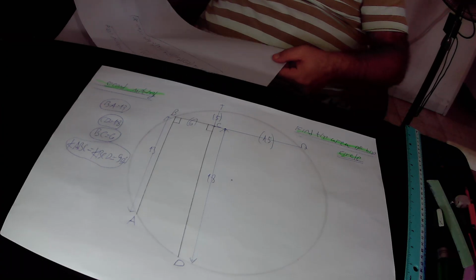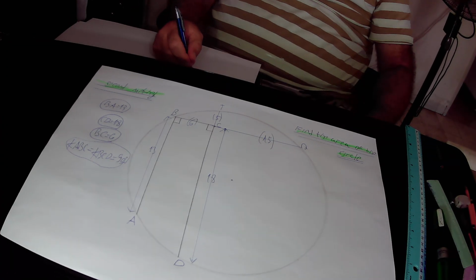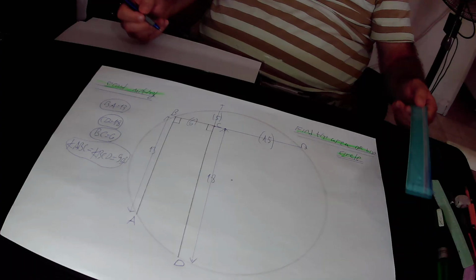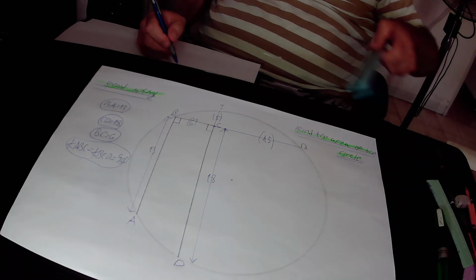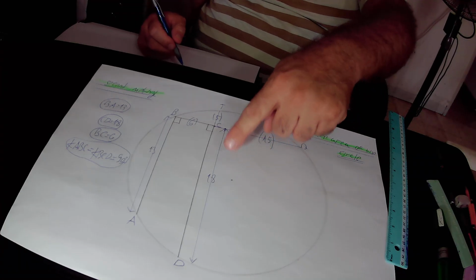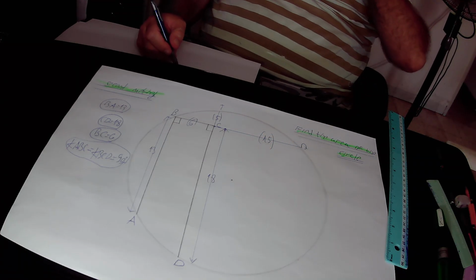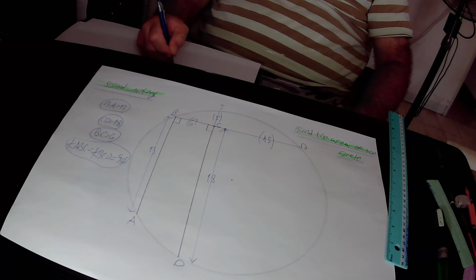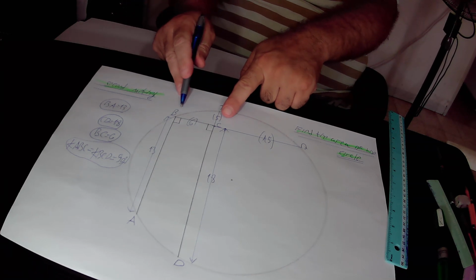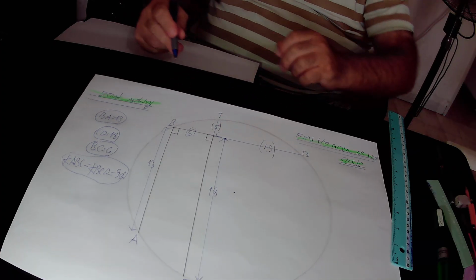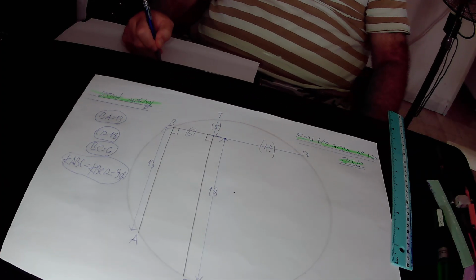TC is 5, therefore TC squared is 5 squared, that is 25. Plus CD squared. CD is 18, therefore CD squared is 18 squared, that is 324. Plus BC squared. BC is 6, therefore BC squared is 36.